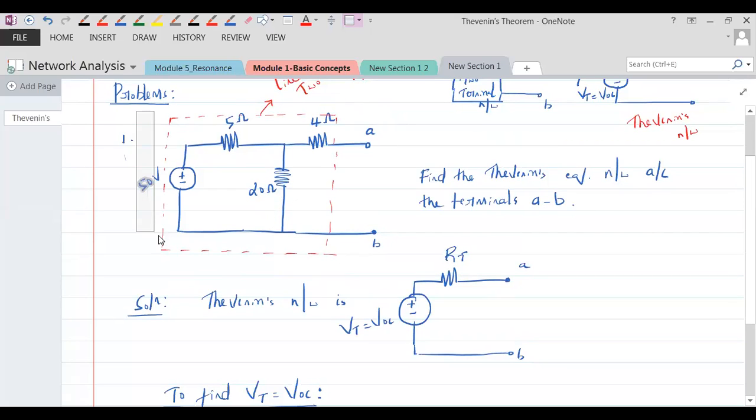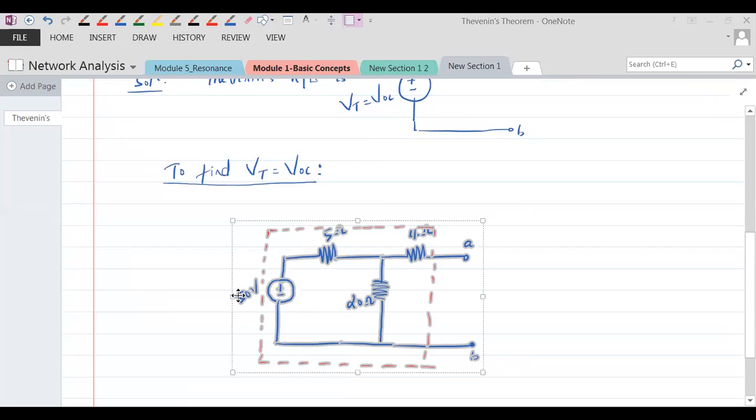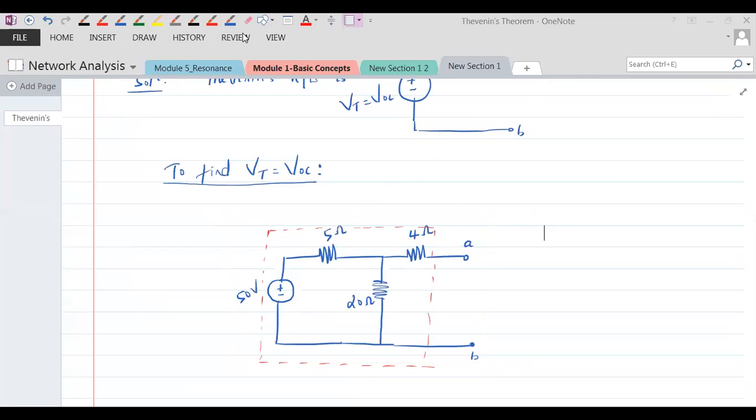So we need to consider this circuit now. The circuit that we have here needs to be considered for finding out VOC. So let me copy that here. Everybody just copy that circuit down.